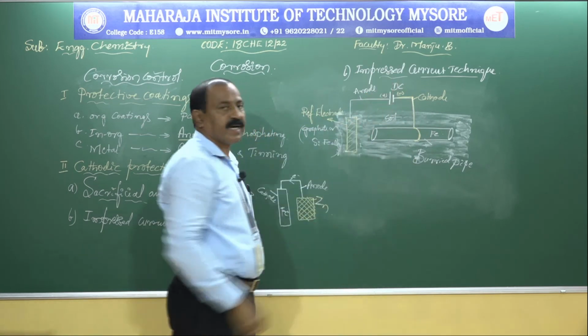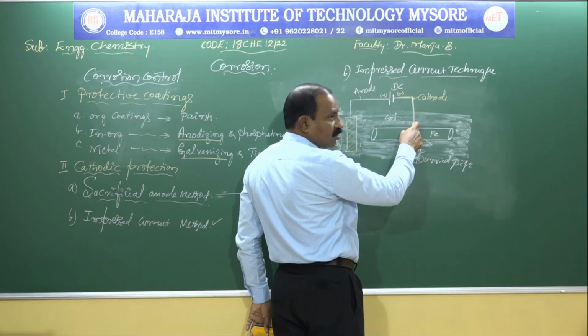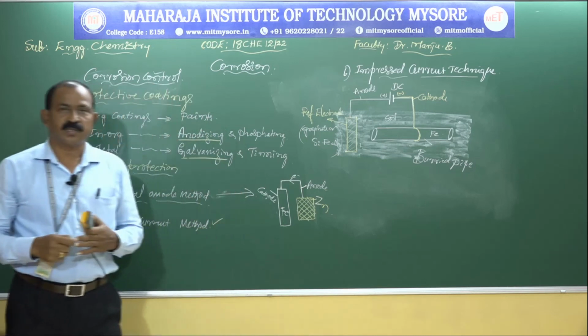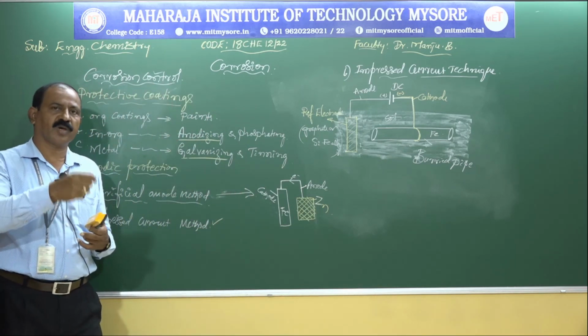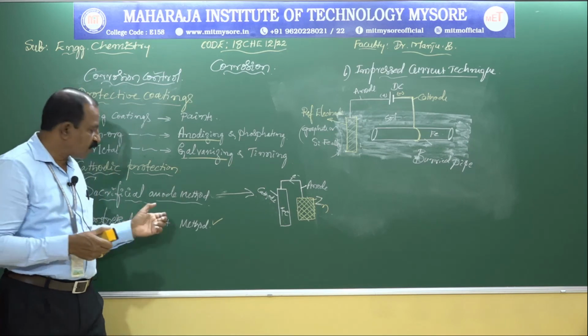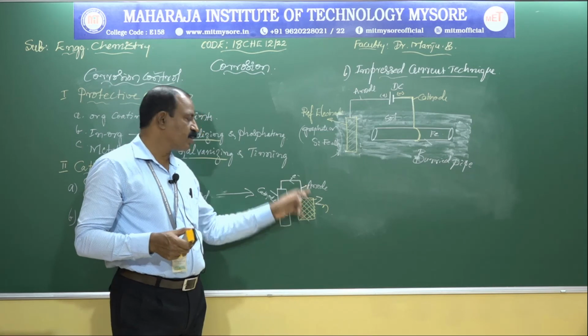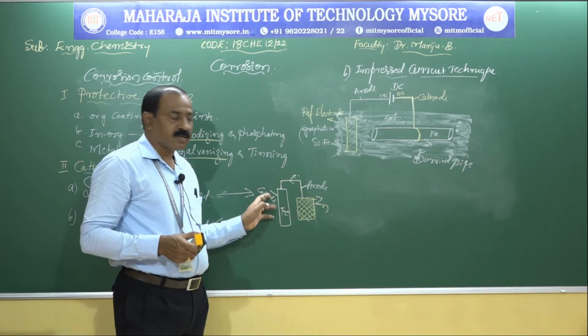Now by applying electric current, the electrons are transferring from anode to cathode. Cathodic protection means the base metal is made the cathode by providing electrons using an external source, by connecting with the negative terminal or anode metal. When electrons are transferred to iron, it is made the cathode in this method.